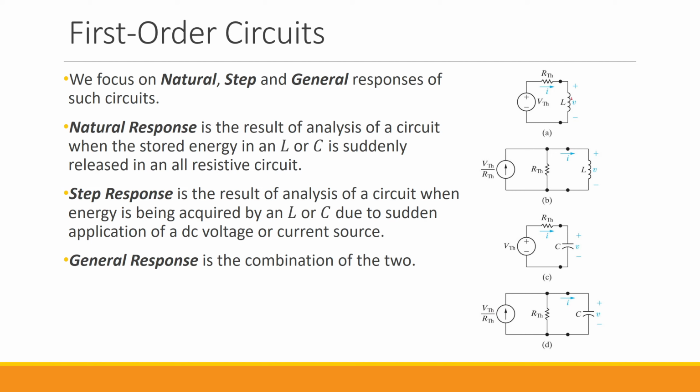As you see on the right, we can have several configurations. One thing that you might notice here is that I considered the inductor or the capacitor to be connected between these two nodes, and then they are connected to VTH or RTH, or a combination of the two. So this is the Thevenin equivalent circuit of the circuit that is connected between these two nodes. This one is the Norton equivalent. The same is true for these two circuits as well.